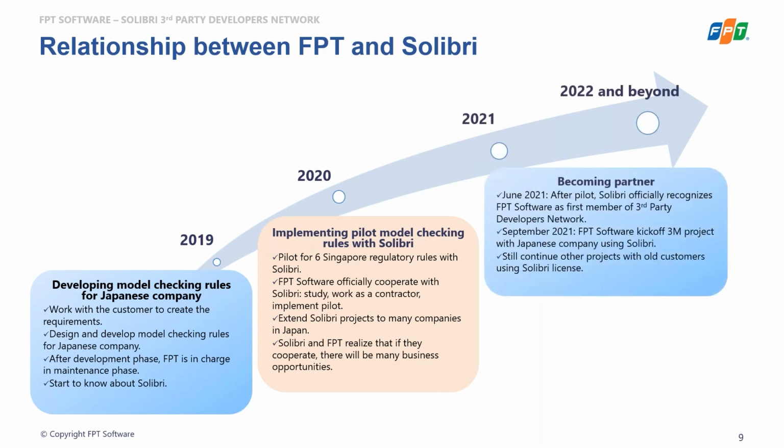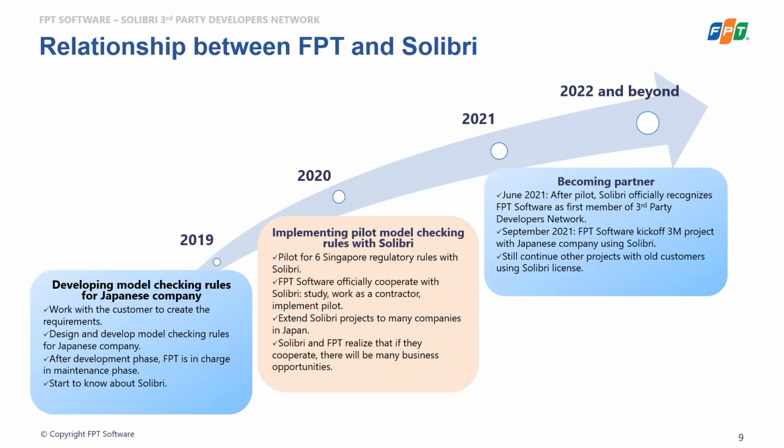Now we move on to 2021, where we became the first certified member of the third-party developers network. And actually, this month we're kicking off a larger project with another Japanese company using Solibri, for which we are very excited, of course.